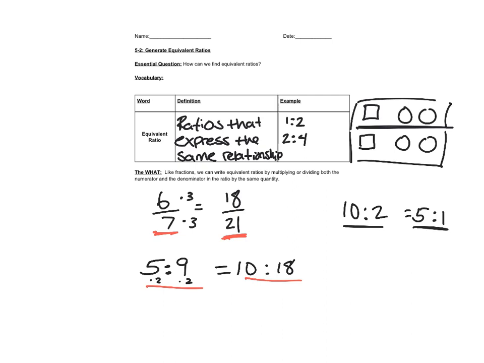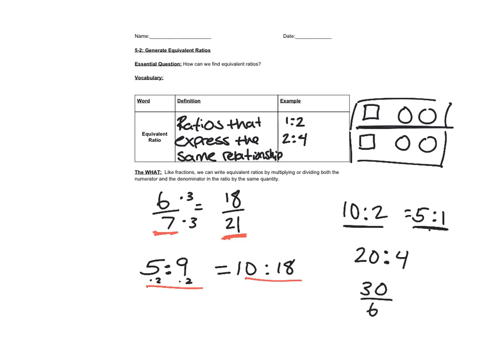Okay, so on your work for today, you're going to be asked to find, say, 3 ratios that are equivalent to a given ratio. So if I asked you to find 3 ratios that were equivalent to 10 to 2, 5 to 1 would be one, 20 to 4 would be another equivalent ratio, 30 to 6 would be another equivalent ratio.